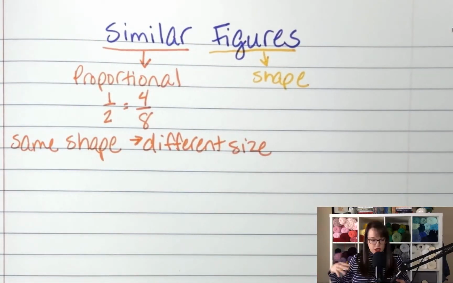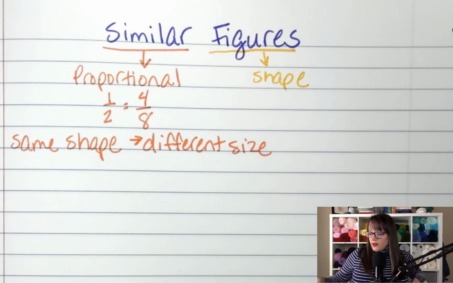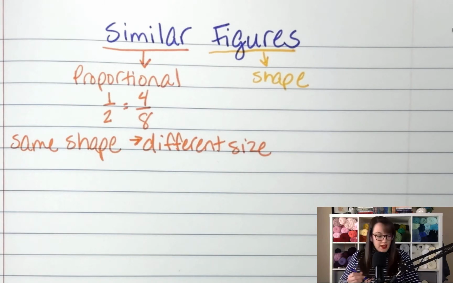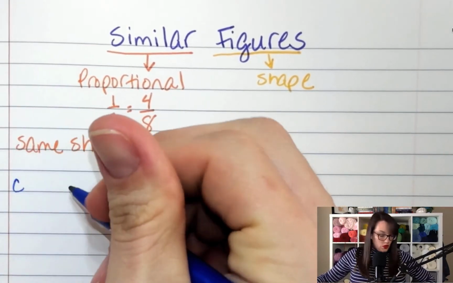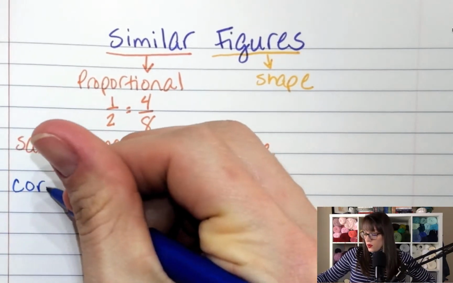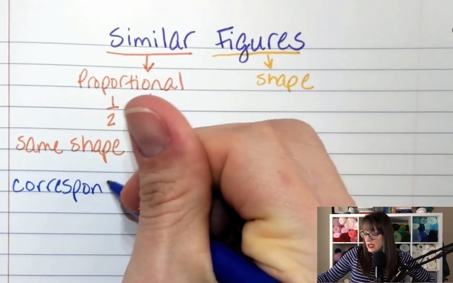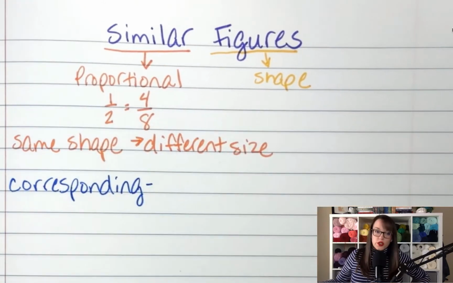A figure can be any shape: triangle, square, rectangle, pentagon. There's no rules. The other vocabulary term you need to be familiar with is corresponding.